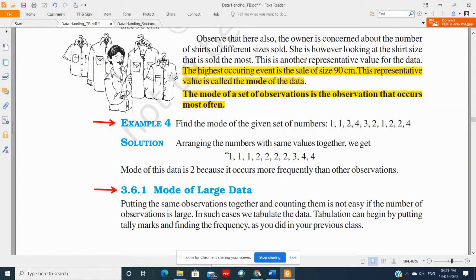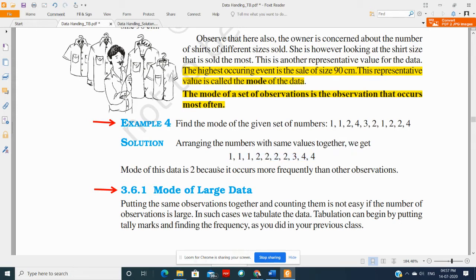Now arranging the numbers with same values together, किसी भी चीज में naturally हमें arrange तो करना ही पड़ेगा, mean हो या mode हो, इससे हमारे calculation आसान हो जाता है. So first we will arrange them, right. See, we have arranged here in ascending order.